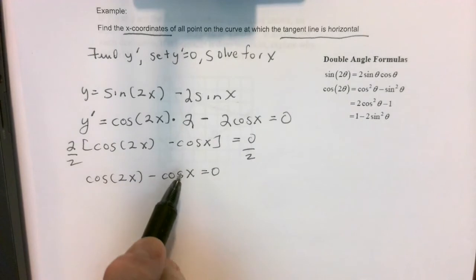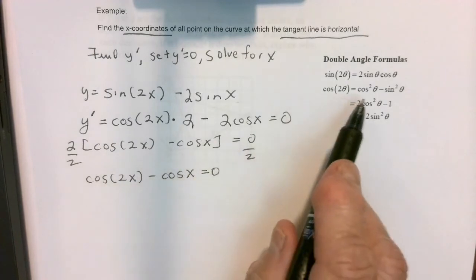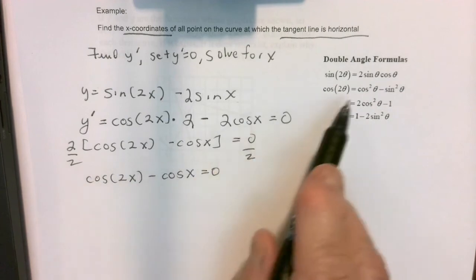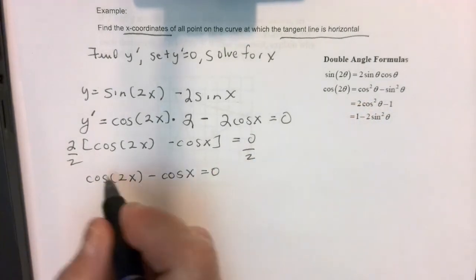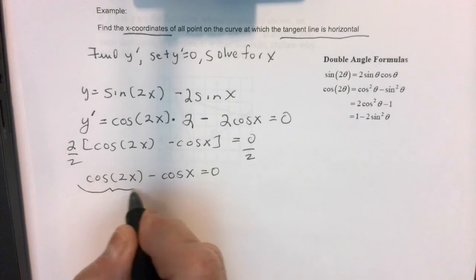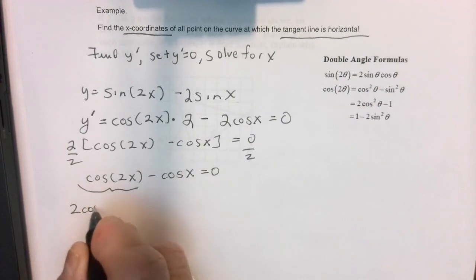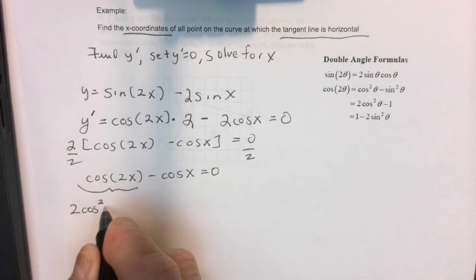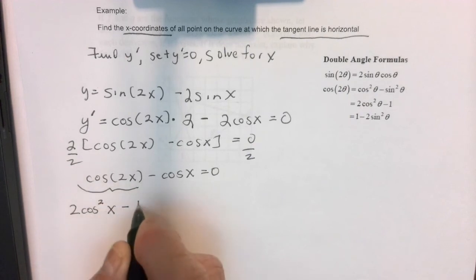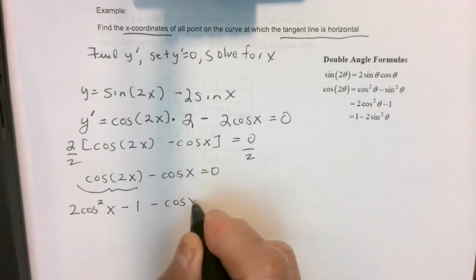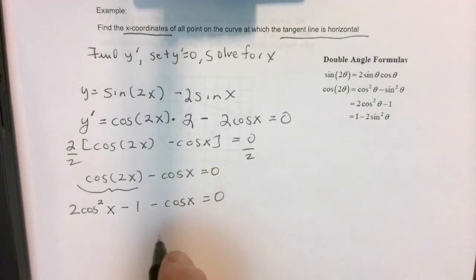Why? Because this is a cosine x, and if I use this formula, I'll only have cosine x, and I won't have a sine x. So I'm going to rewrite this as 2 cosine squared x minus 1. And then I've got the minus cosine x, and it's equal to 0.